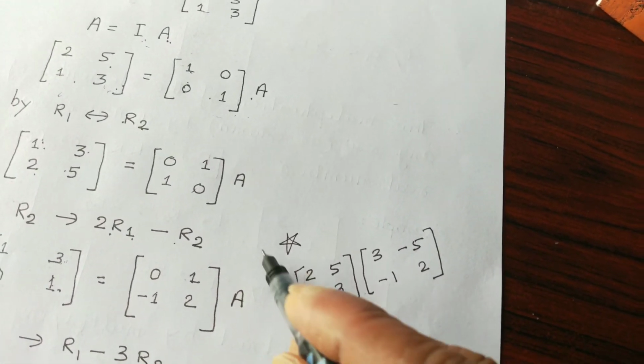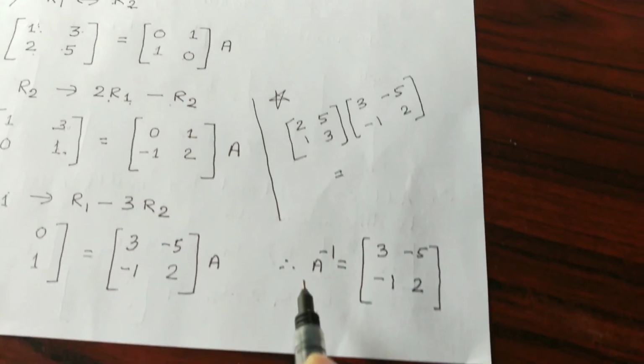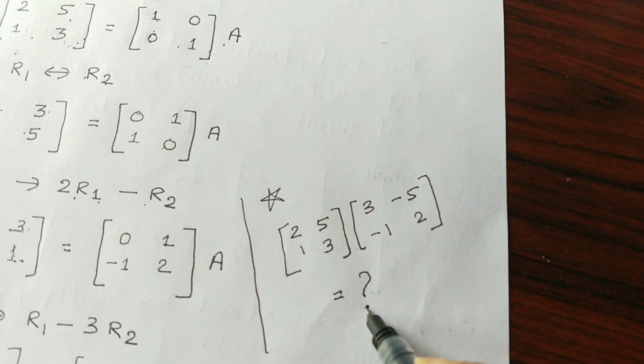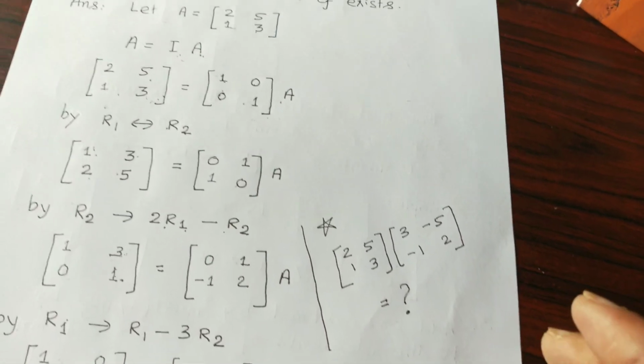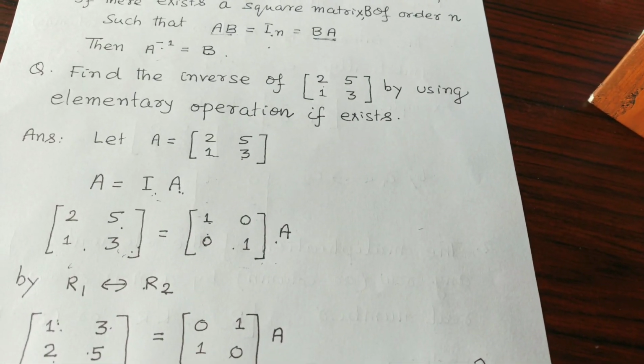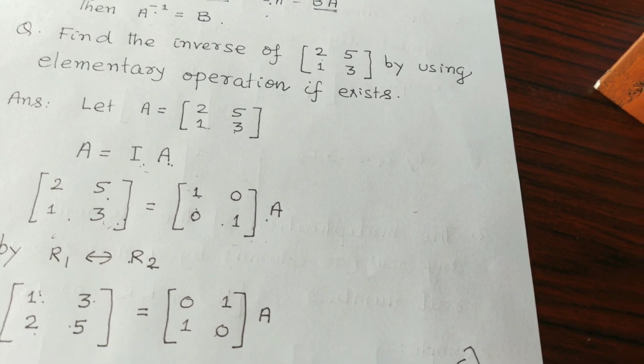Find the product, whether you are getting identity. Then each one will be the inverse of the other. So this is for your verification. You verify and try to do this. The same question I would like to assign you by column operations. Okay? Thank you. Happy learning.